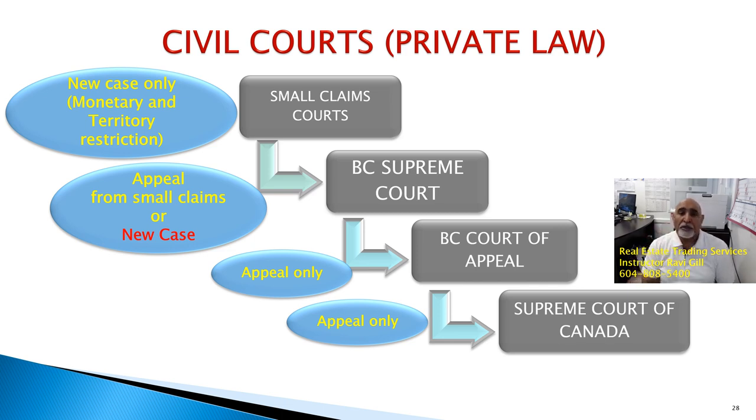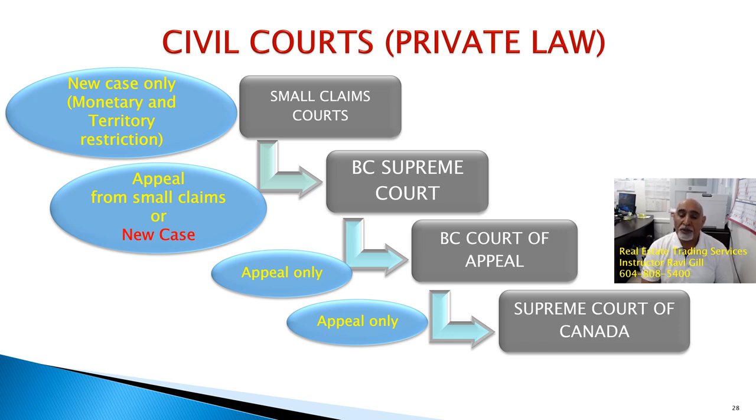If the plaintiff wanted to start his case in small claims, the case has to be less than or equal to $35,000, and the plaintiff can only take the case where the defendant lives or where the defendant has business or where the accident happened. If the plaintiff wants to take the case to BC Supreme Court, there are no restrictions of money. There are no restrictions of where the defendant lives or the plaintiff lives. Okay, so the plaintiff has a choice of either taking the case to small claims or BC Supreme Court.